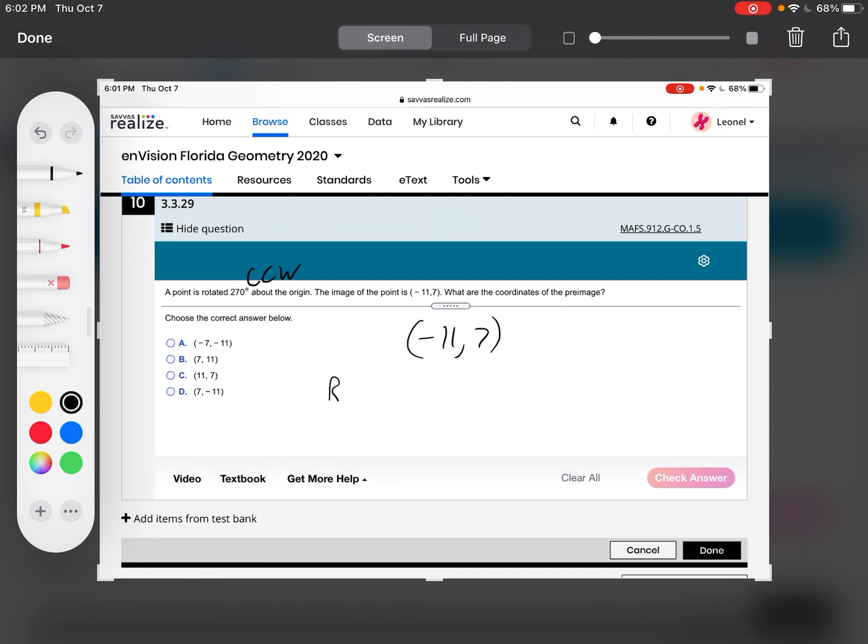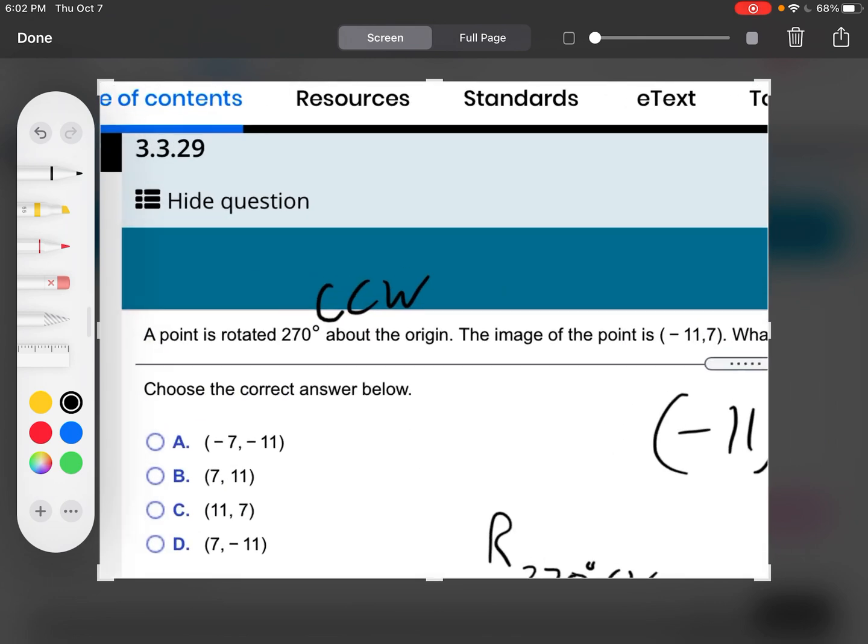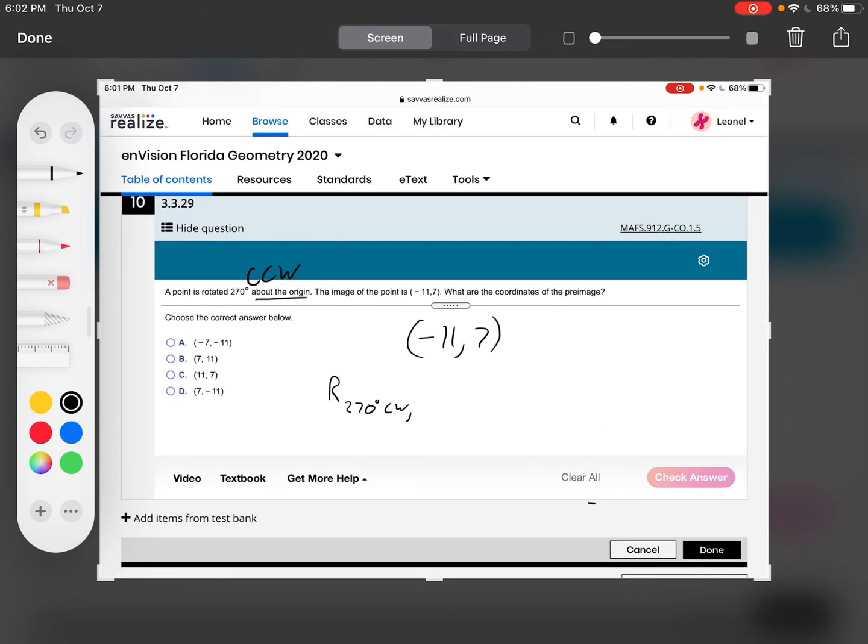We're going to figure out what a rotation of 270 degrees clockwise around the origin, which is what it says there, is. This is one way to write that, of this point that they gave us, the image. We have to figure out what that is.